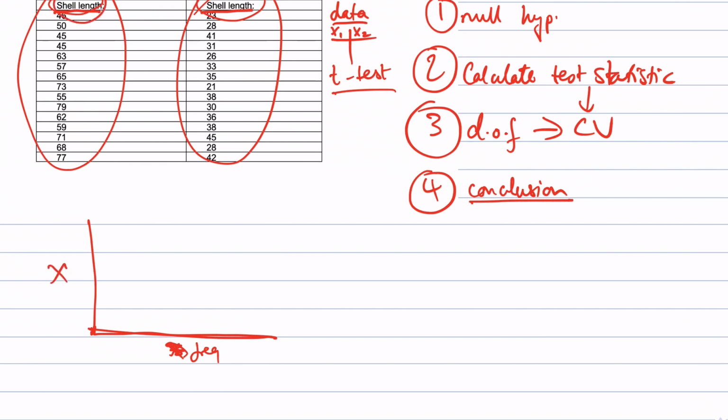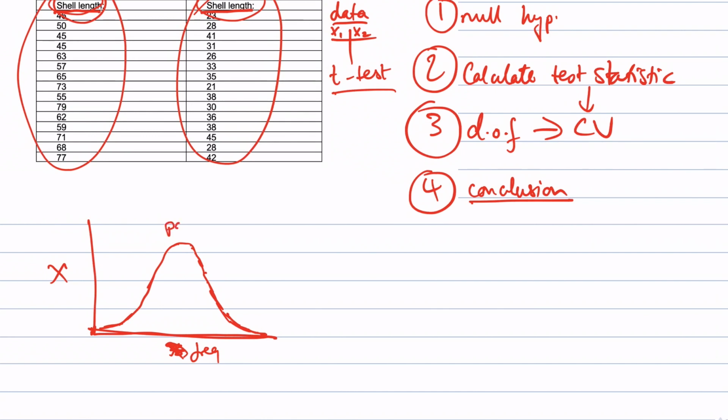In this case, it would be shell length. Okay, and population 1 has a few individuals that have got a very short shell length. It's got more individuals that have got the average or around the average shell length, and it's got a very few number of individuals that have the very highest shell length, and that is essentially what we call a normally distributed population. So that's our population 1.